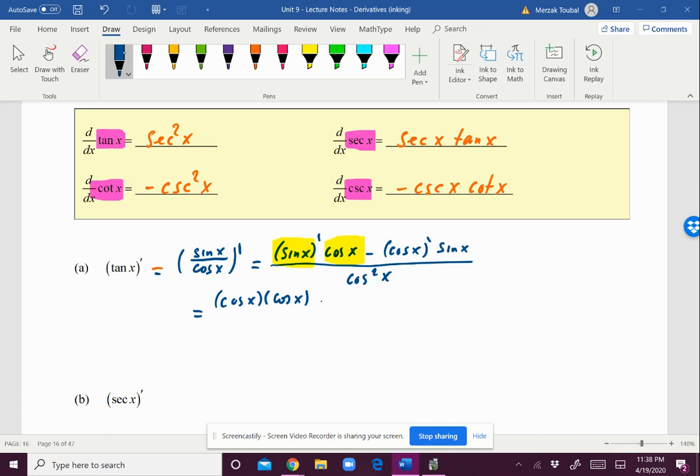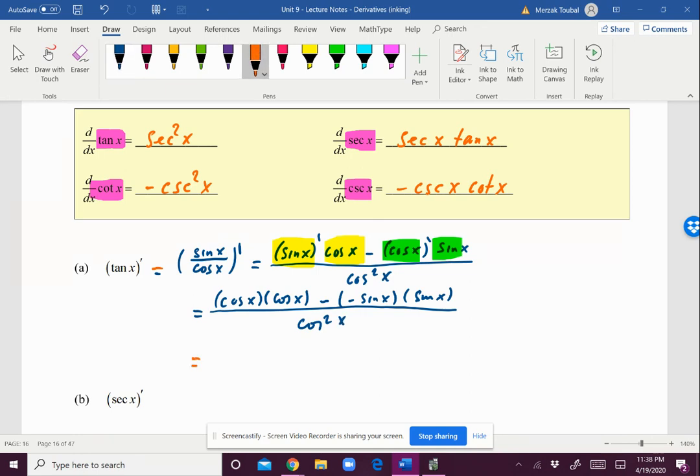Derivative of cosine, let's put a minus. Derivative of cosine is negative sine times the sine function. So this is negative sine times sine. This is all divided by cosine squared.